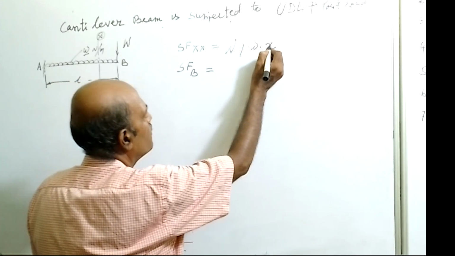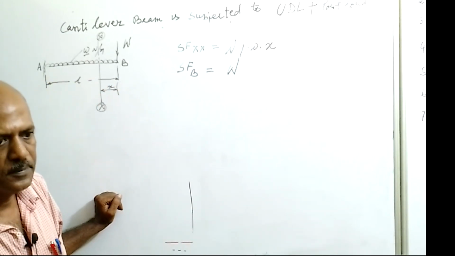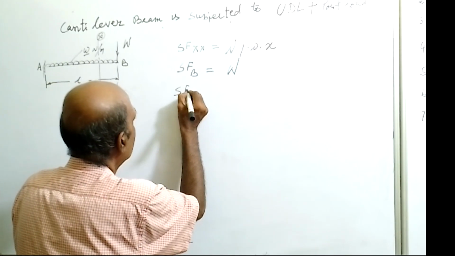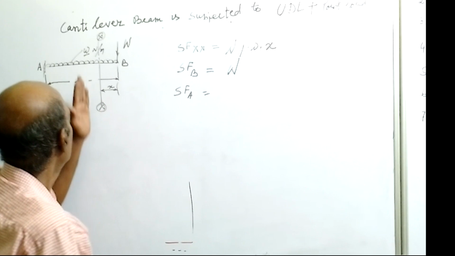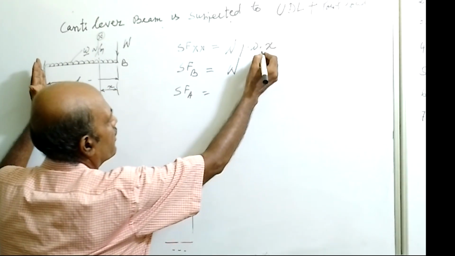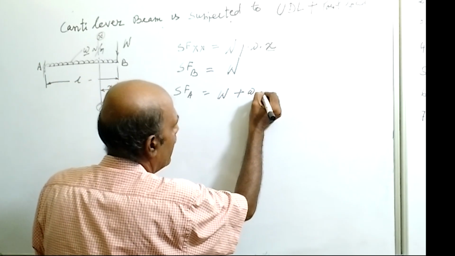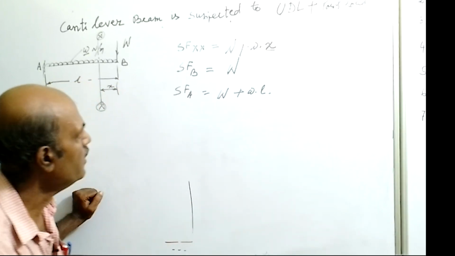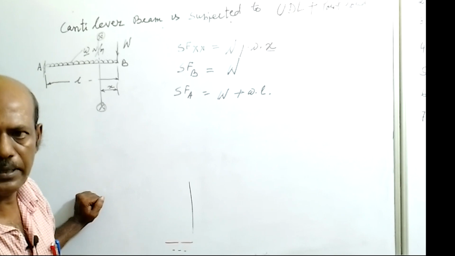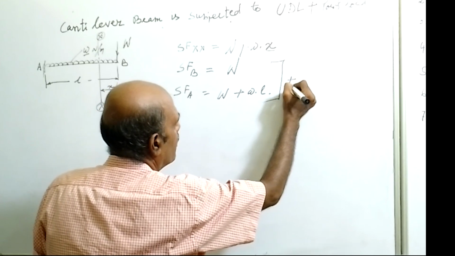So if we put 0, it will only give capital W. And now slide the section to point A, so it will give shear force at point A. When we slide the section, x value will be equal to L, so instead of x we write L: capital W plus small w into L. So at the fixed end it will be capital W plus small w into L, and at the free end it will be capital W. With this information, all these shear forces are positive.